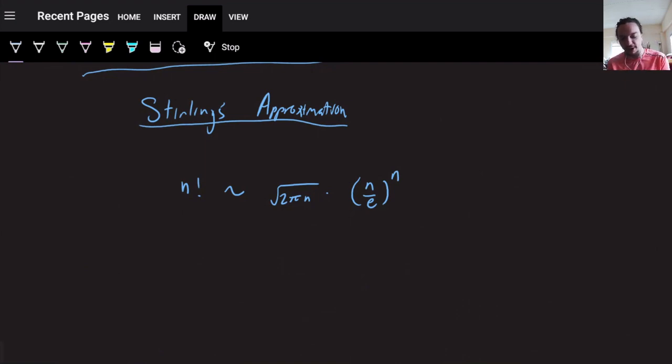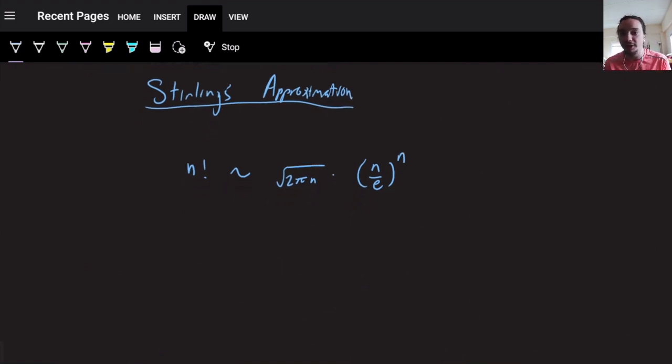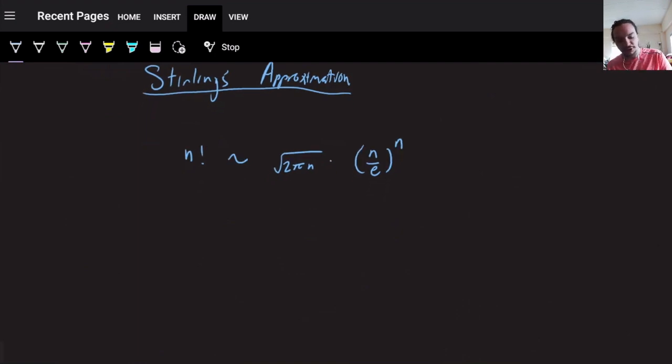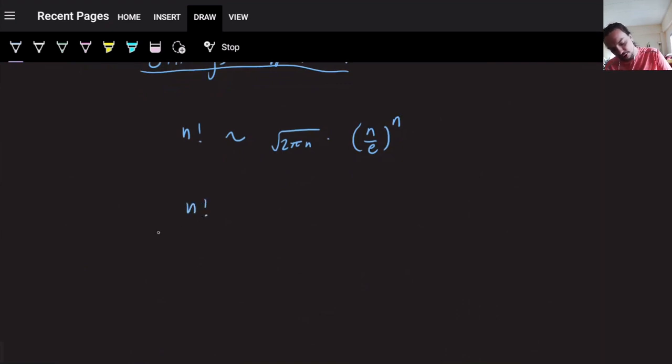Well, first things first, I should say what I mean by twiddle. Twiddle is not just the engineer's sine x equals x approximation sort of thing. It actually has a legitimate meaning. Twiddle means n factorial over this quantity has a limit as n goes to infinity of 1.